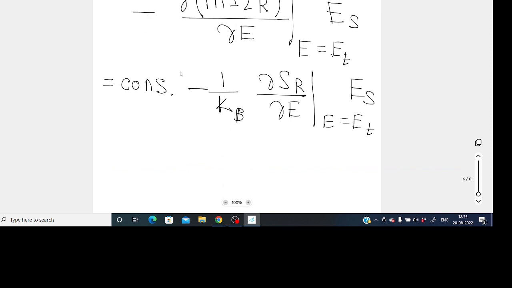Now del S del E is given by 1 over T. Now we are considering the entropy of the reservoir here, S_R, so it will be 1 over T_R, where T_R is the temperature of the reservoir.